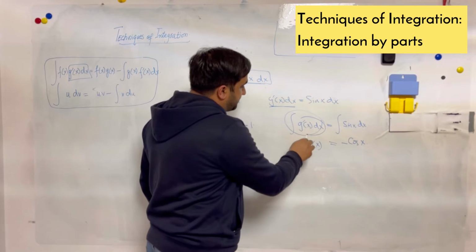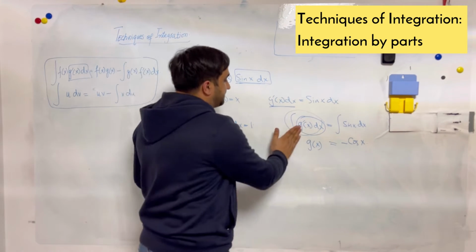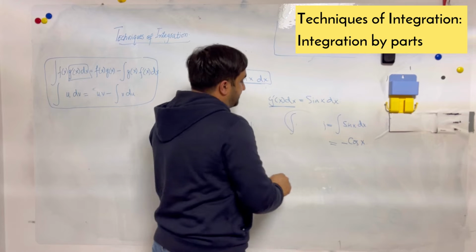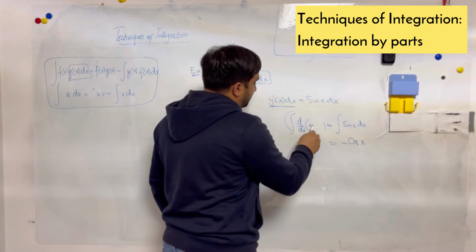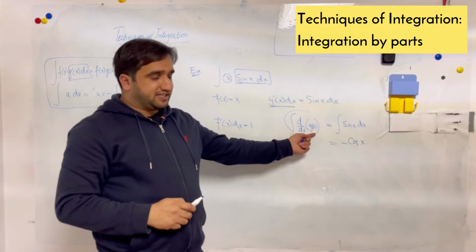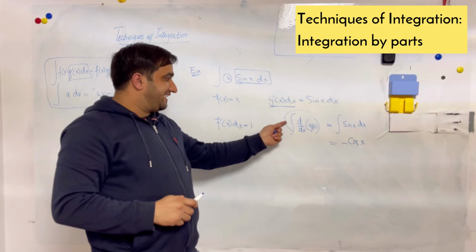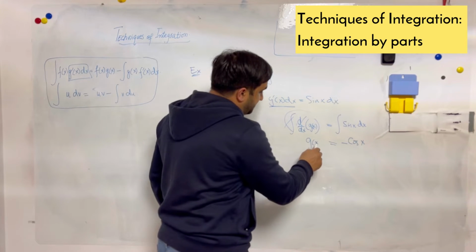Because this whole thing is the total derivative of g of x. So this is just like d by dx of g of x. So if you have a total derivative of something and you are applying integral on it, these two cancel with each other, so this becomes g of x.